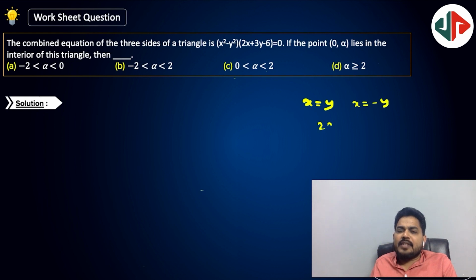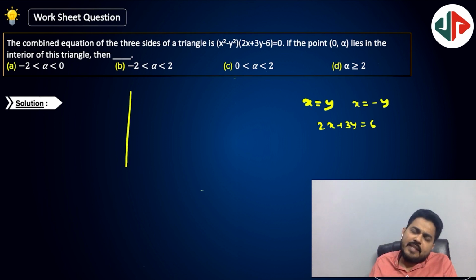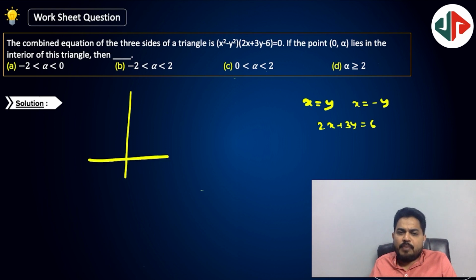Another line is 2x plus 3y equal to 6. If you visualize this in the proper approach, the x-intercept is (3, 0) and the y-intercept is (0, 2).